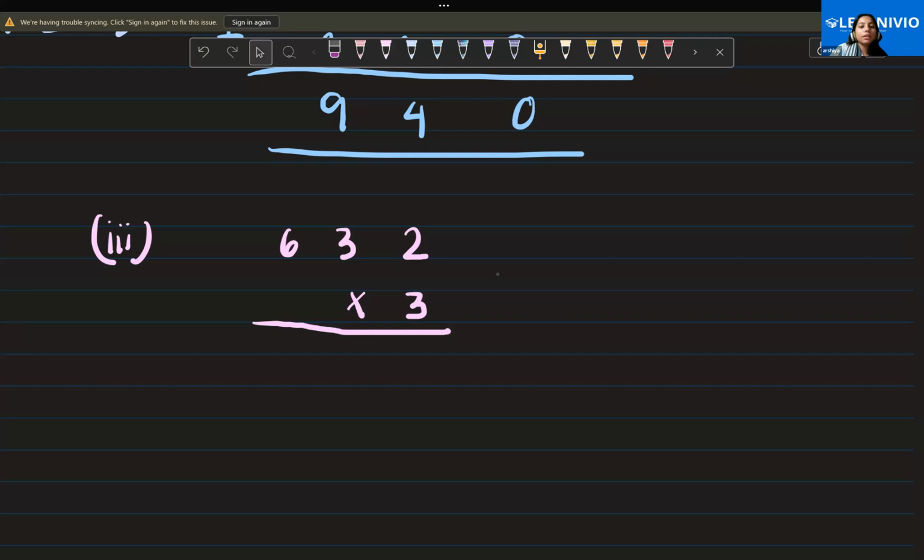In the last one, three sixes are 18 is correct. But how many zeros have you written there? Only one. And how many should you have written? 2. Yes. So make the correction and tell me the answer.